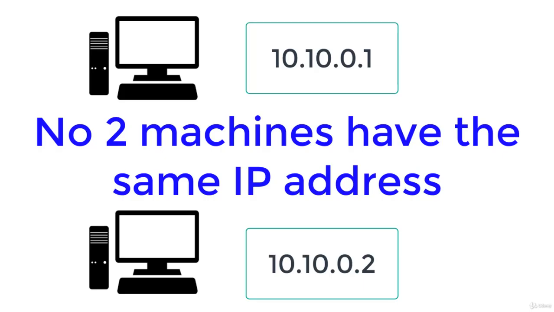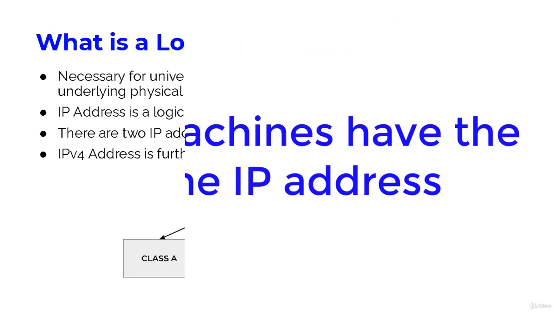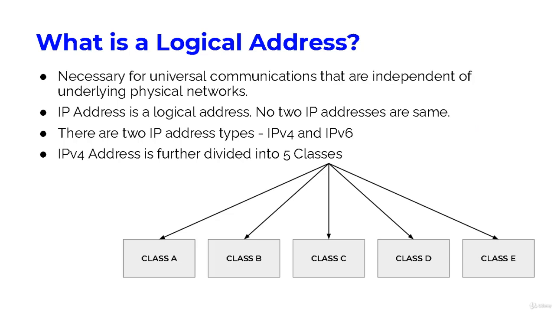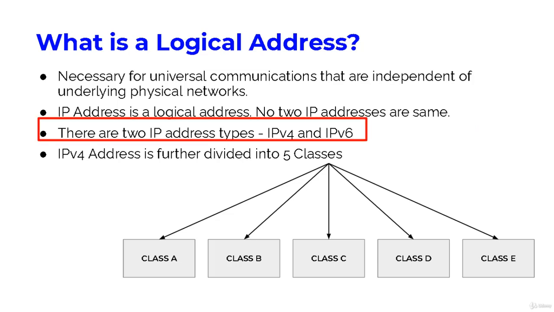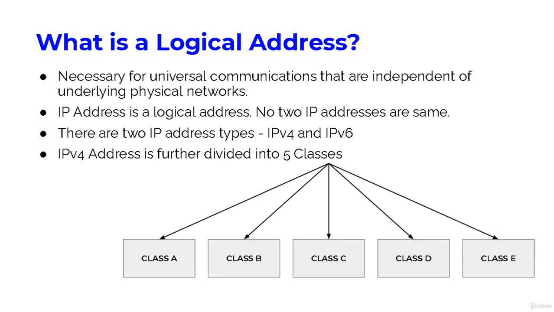In the same way, no two uniquely identifying devices can have same IP address. There are two types of IP address: IPv4, which means IP address version 4, and IP address version 6. IPv4 is further divided into 5 classes, class A to class E. We are going to discuss about these classes in the upcoming lectures.